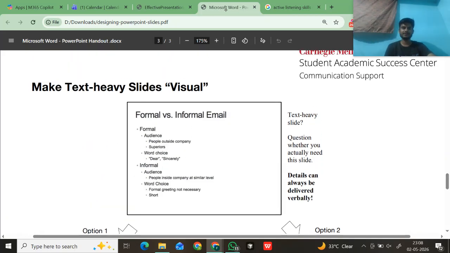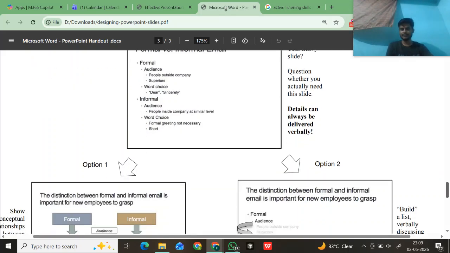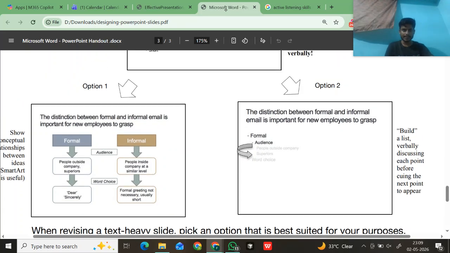Like if there is an example, make a text-heavy slide visual, like this text-heavy slide: formal audience, informal audience, right? Text-heavy slide: question whether you actually need this slide. Details can also be delivered verbally, right? Here we have presented it very well.